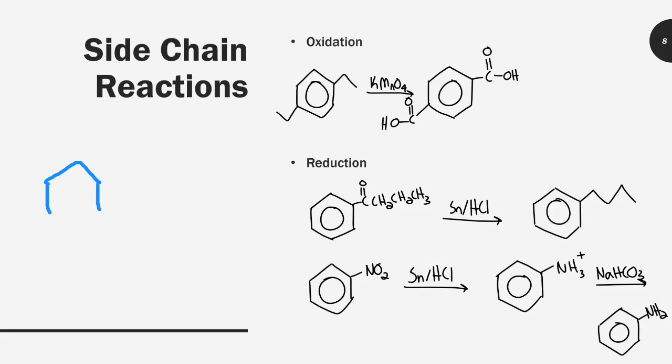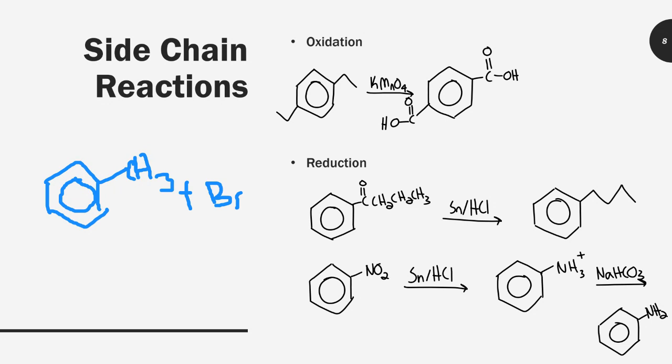If you have an alkyl group on a ring, and the thing that Carol was talking about, the radical halogenation, will put a halogen not on the ring, but on the side group.